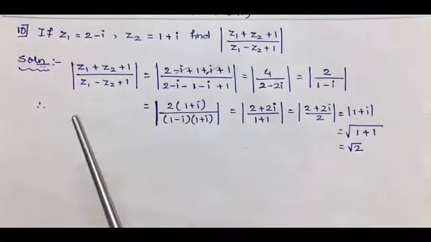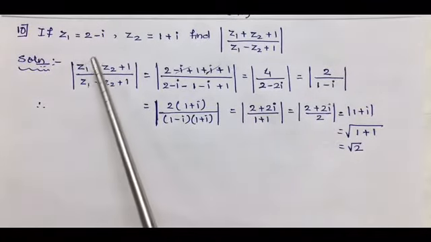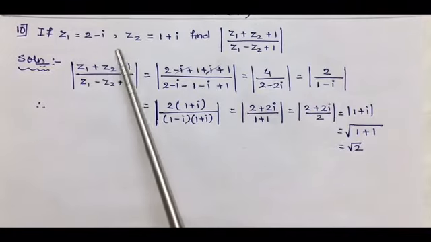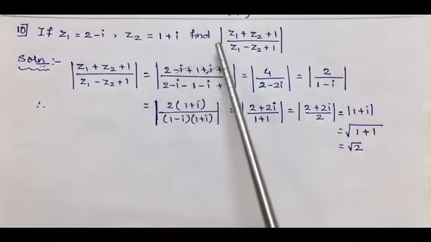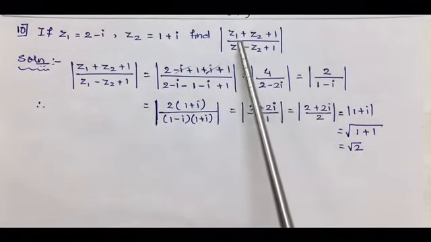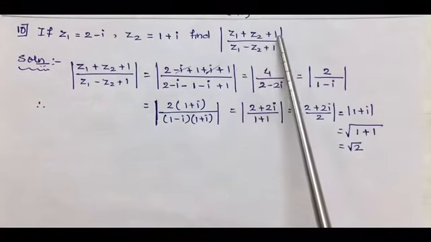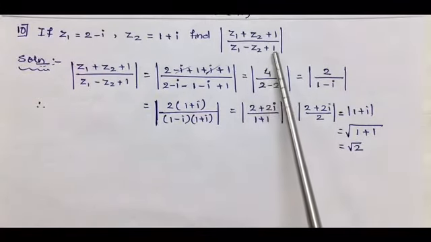Question number 10 is given as: if z1 is equal to 2 minus i, z2 is equal to 1 plus i, we need to find the mod of (z1 plus z2 plus 1) upon (z1 minus z2 plus 1).